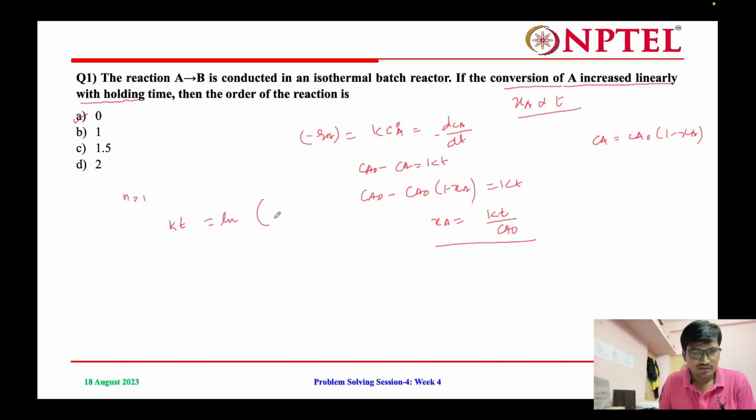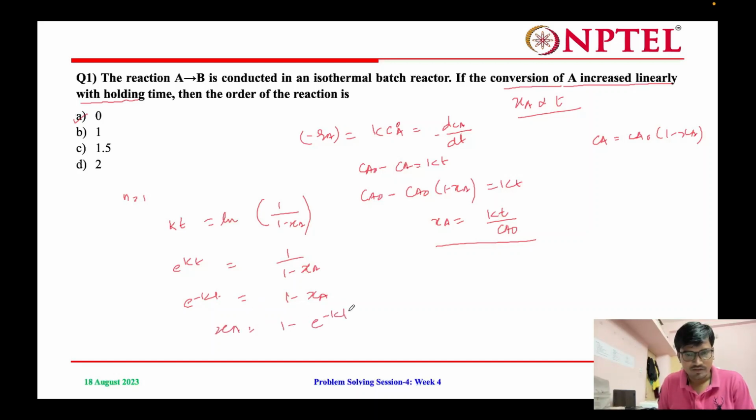Then for second order, kt equal to X by (1 minus X)... So you get XA equal to 1 by kt, which is not linear for the first order reaction. Similarly, you can calculate for other order reactions, but here it is a zero order reaction.